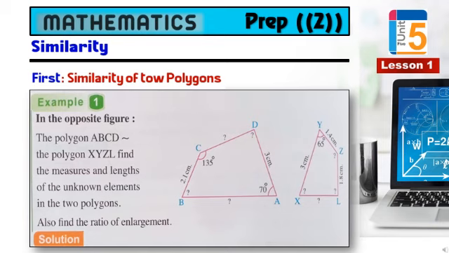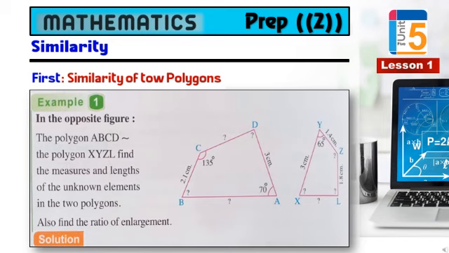XY equals 3 centimeters. YZ equals 1.4 centimeters. ZL equals 1.8 centimeters. And the measure of angle C equals 135 degrees. The measure of angle A equals 70 degrees. The measure of angle Y equals 65 degrees. This is only given. And what is the required?